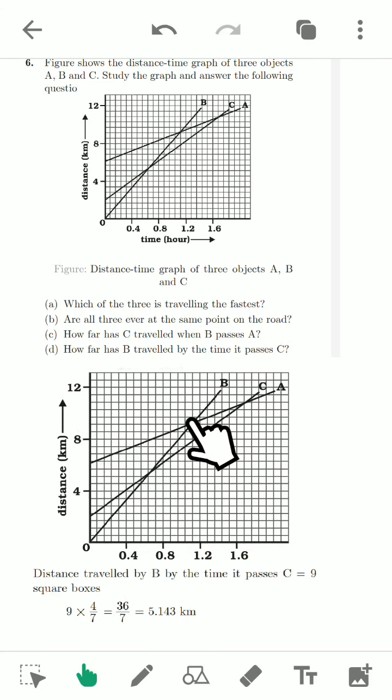See this distance till here, it is 9 square boxes. Then the value of 1 square box is 4 by 7. Then 9 into 4 by 7 is 36 by 7, that is 5.143 kilometer.